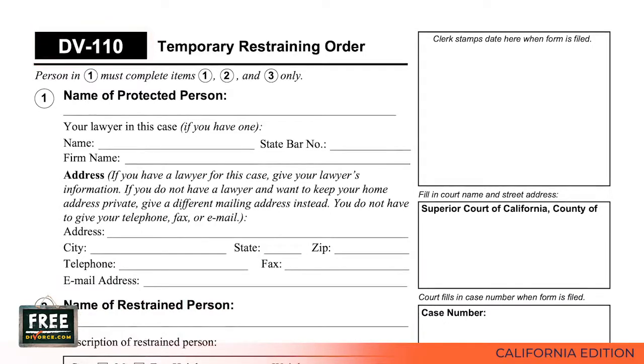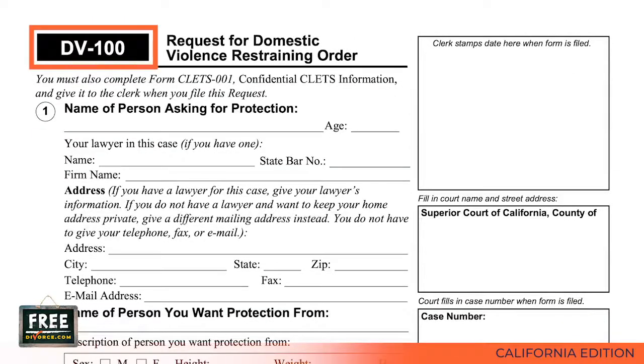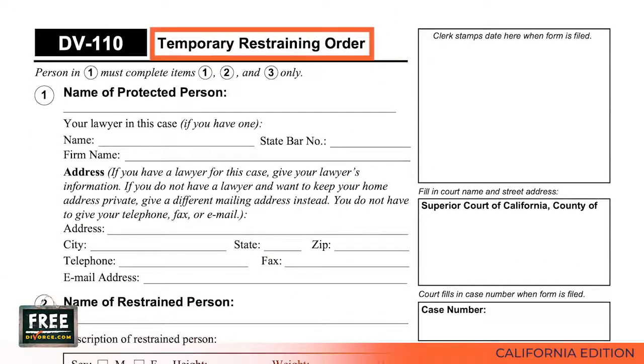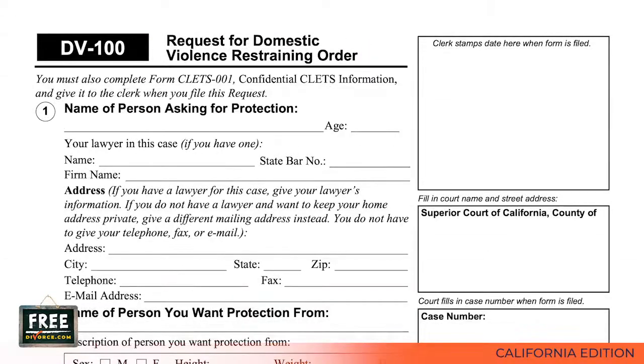You want the judge to read your DV-100 on the day you submit it to the court, and you want the judge to decide to immediately issue temporary restraining orders, which are also called TROs. If the judge decides to issue immediate TROs, those temporary restraining orders will go into effect immediately, and they will stay in effect until the hearing takes place on your DV-100.